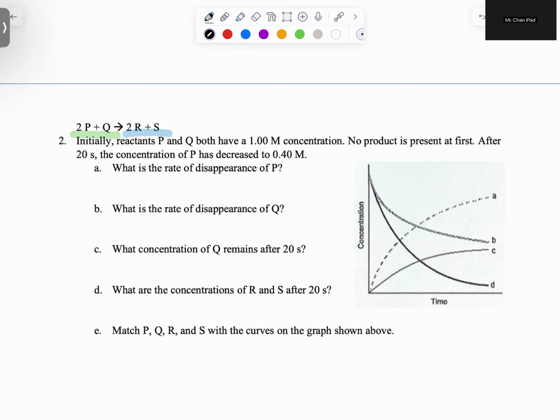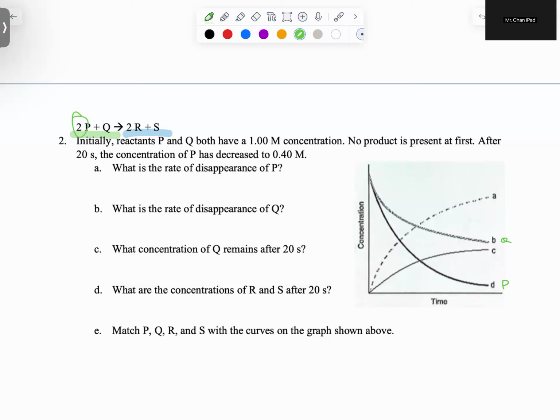So what you described was very well. So the two reactants, B will be Q and D will be P, because the concentration is decreasing, and D is definitely P. It's because there's a coefficient of 2 right here.